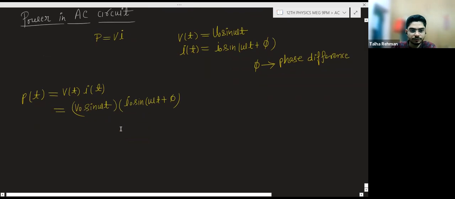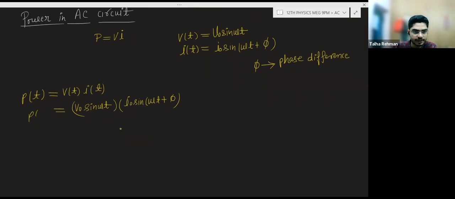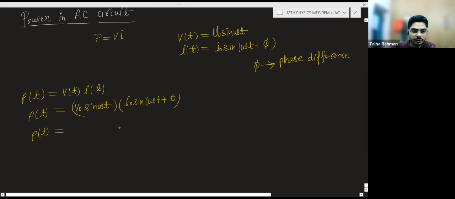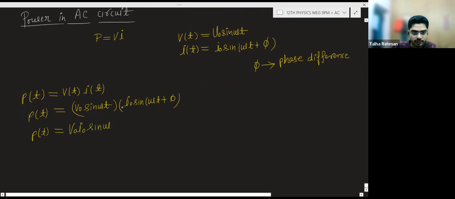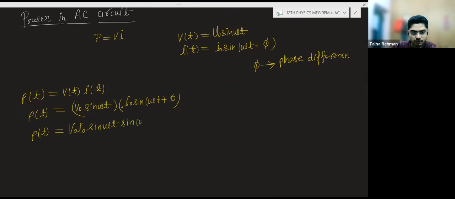So this is power at any time t. I can write this as V naught into I naught, sine omega t into sine (omega t plus phi).